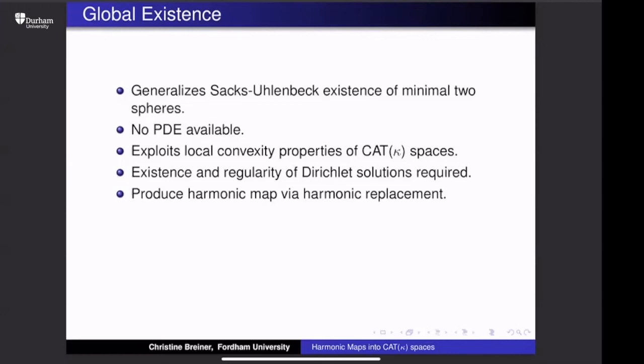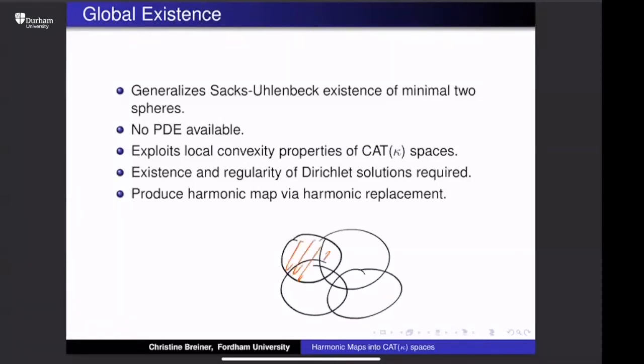So you have pointwise Lipschitz bounds, and you're losing control under the replacements. Because you're replacing on these disks, you would have your domain, you'd have a number of disks. You'd start with your phi and you'd replace on maybe this disk and this disk, and then you'd replace next on this disk, and then on this disk. And after you replace on all the disks in the cover, you look at your new map.